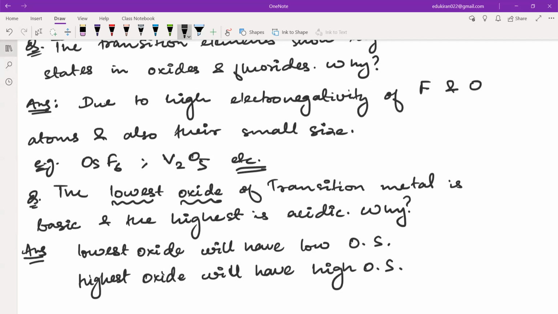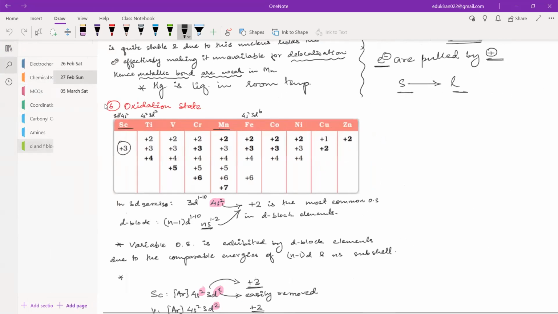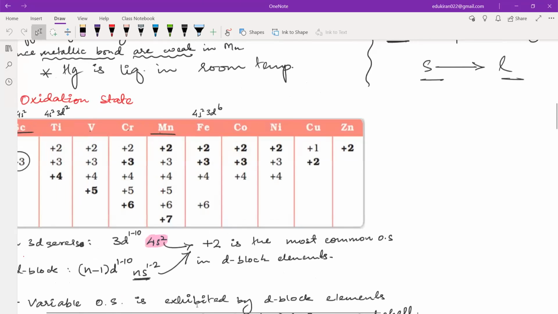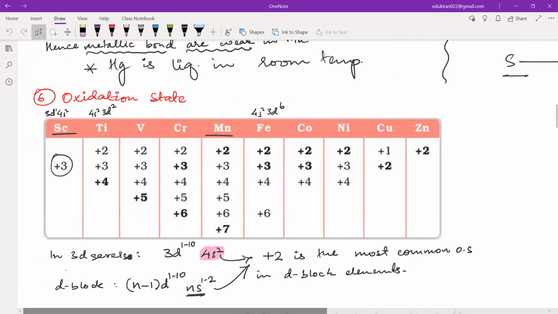Now, let me move to the table that we drew. Let us see manganese. If I am in the +2 oxidation state, is +2 high or low?